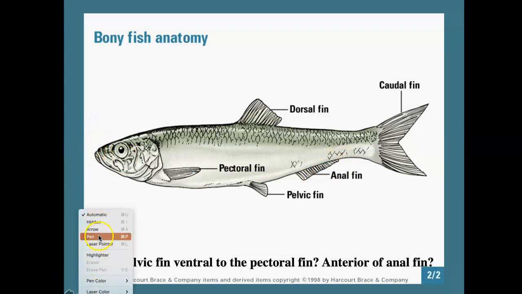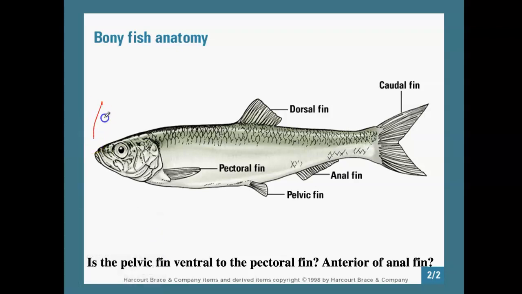So let me write these as a reminder. I'm going to put A for anterior, P for posterior, D for dorsal, and V for ventral. So again, that can help you remember. If I say, is the pelvic fin anterior of the anal fin? Here's the pelvic fin.